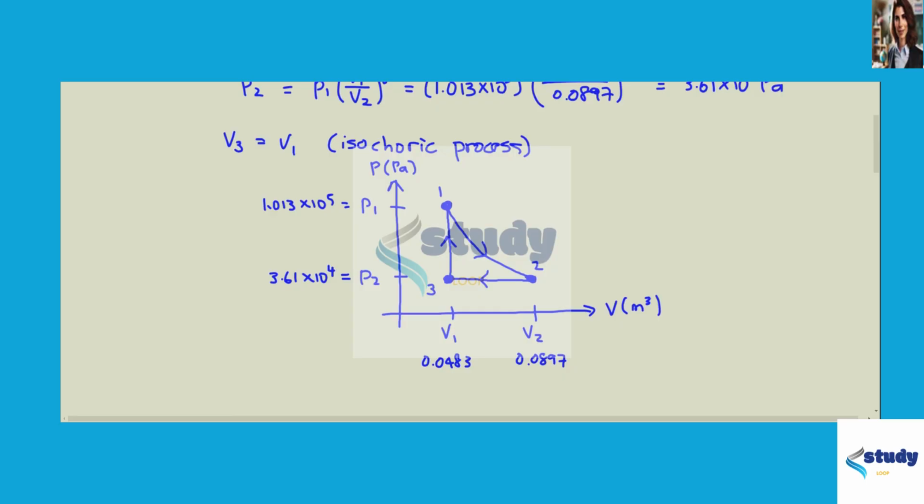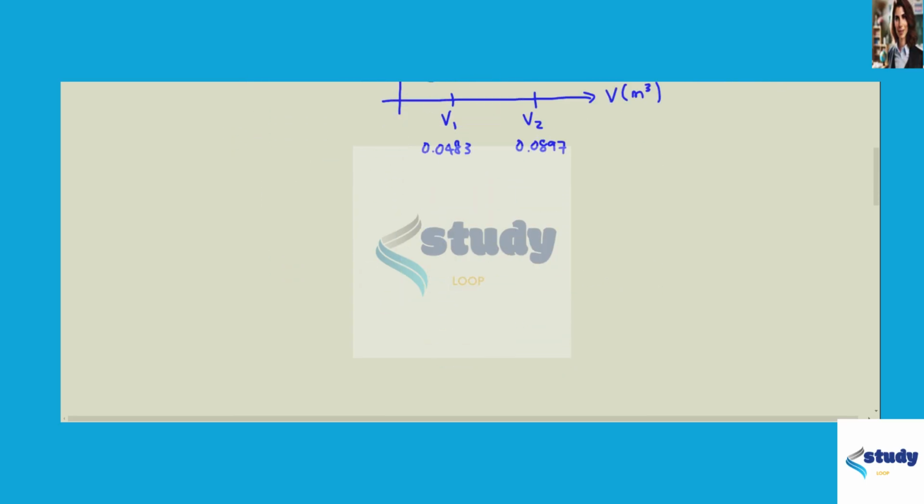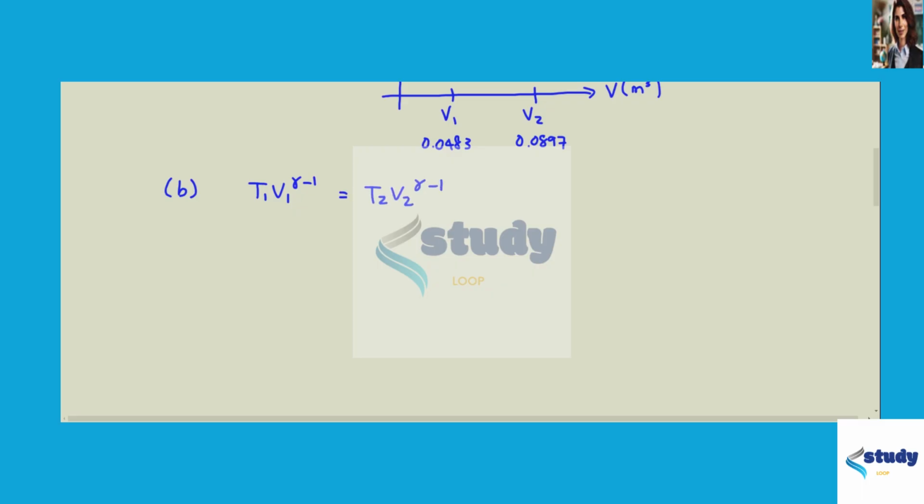With this PV diagram, we can proceed to find T3 in part B. Just now we have T1 V1 to the gamma minus 1 is equal to T2 V2 to the gamma minus 1, right?